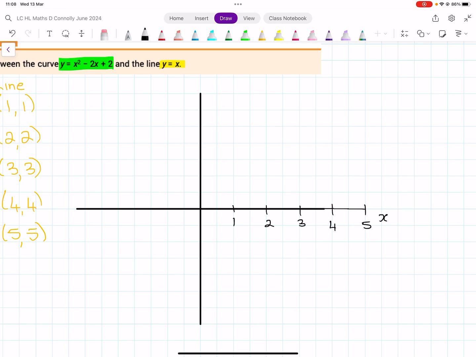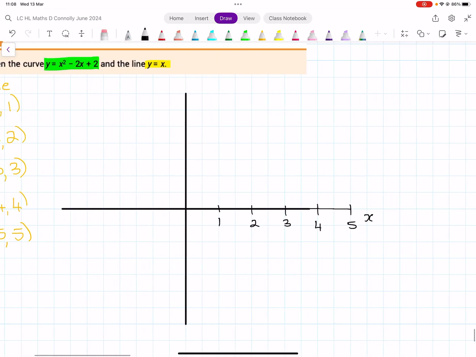My y-axis needs to go to, was it 17? So 2, 4, 6, 8, 10, 12, 14, right, that's 16. I'll be able to gauge it from there.